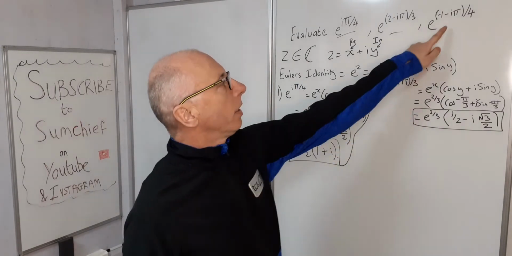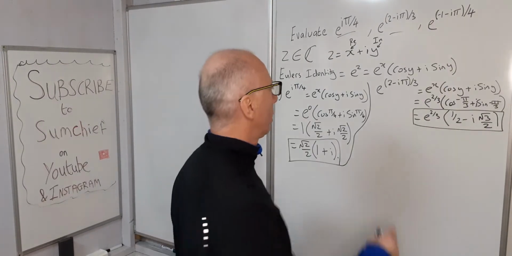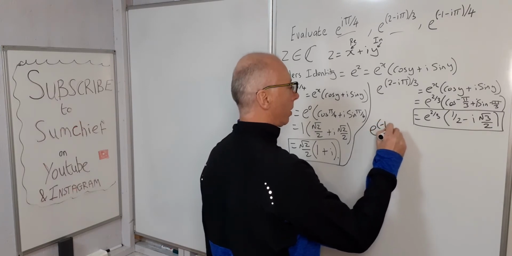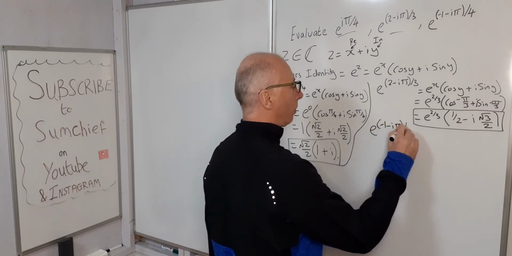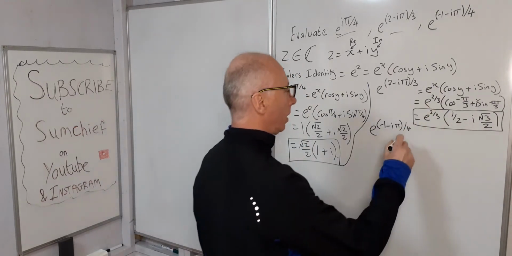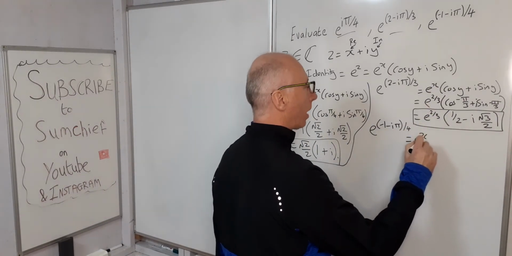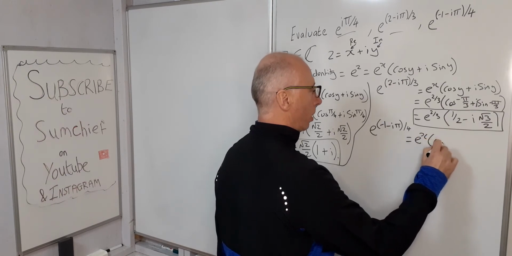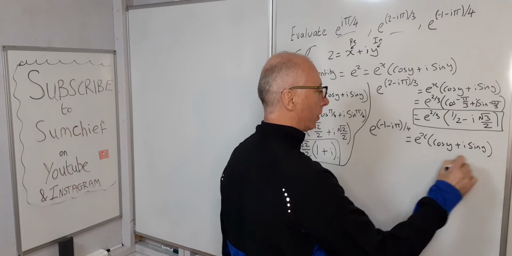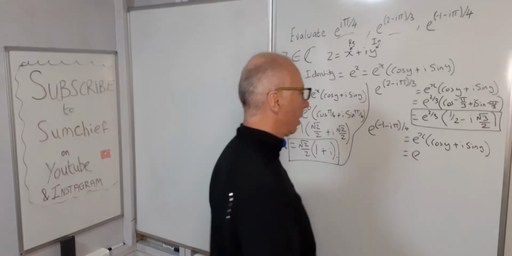Okay, now let's tackle this one here. So we've got e to the minus 1 quarter minus i pi over 4. Okay, straight into Euler's identity. So that equals e to the x cosine y plus i sine of y. So that equals e.